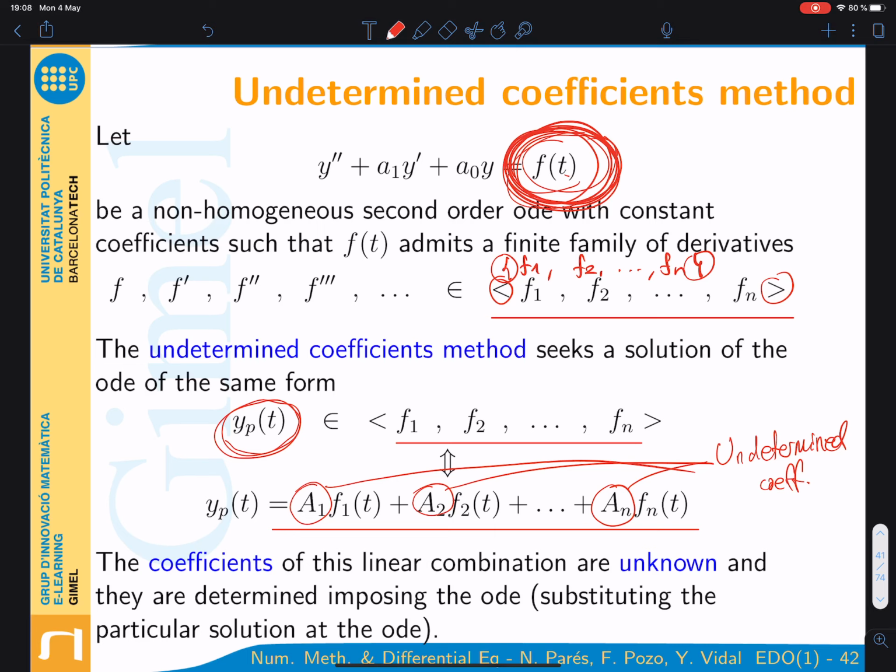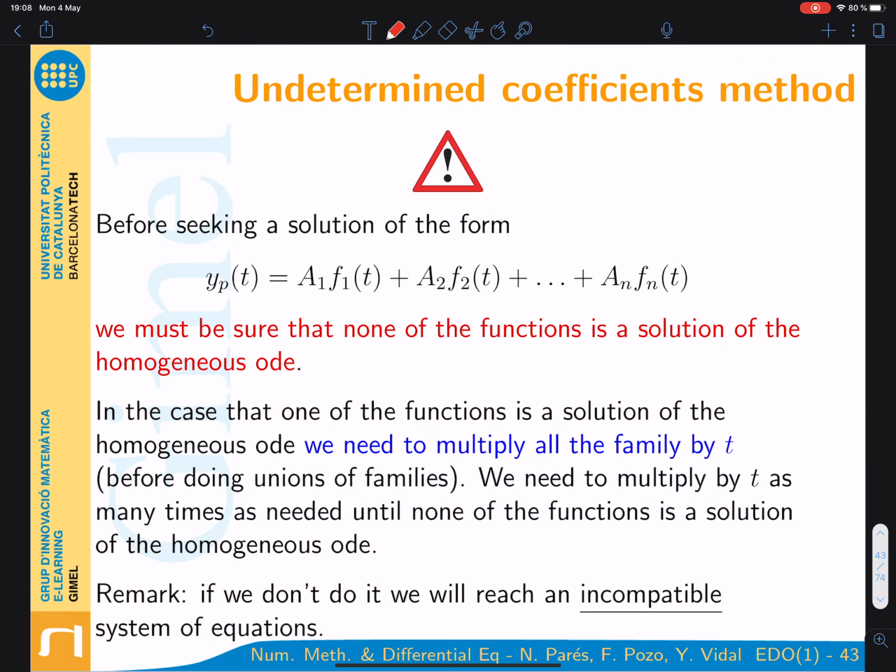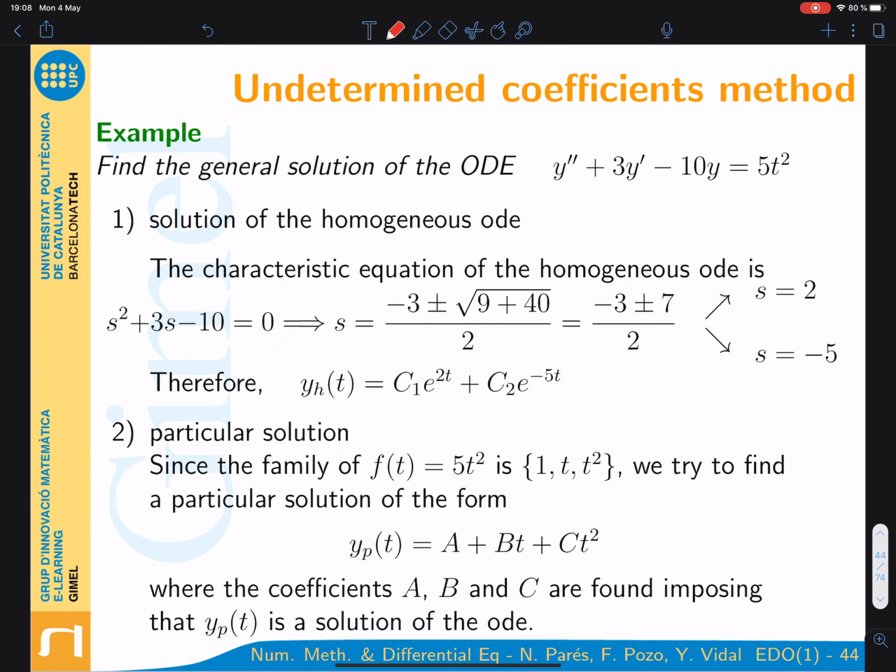That's why the method is called undetermined coefficients, because you propose a particular solution that is pretty similar to f of t in the sense that it can be written as a linear combination of the functions in its f of t basis. And you introduce these undetermined coefficients, and you need to find out their value in order to find out who is yp.